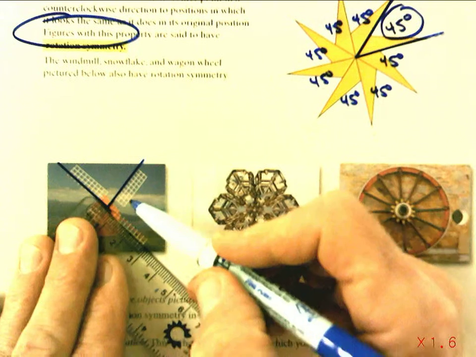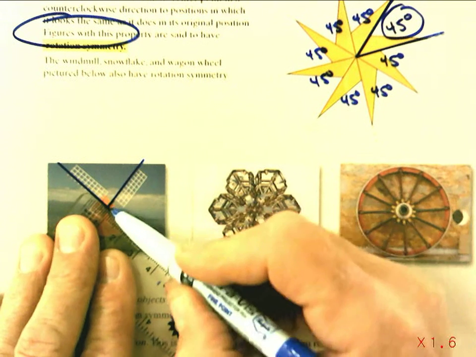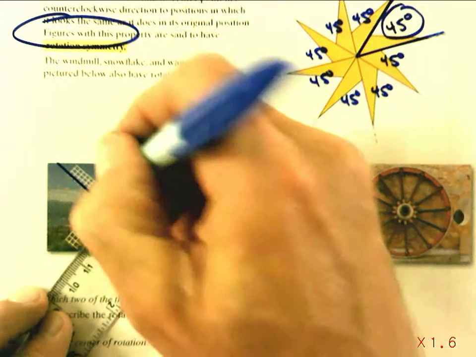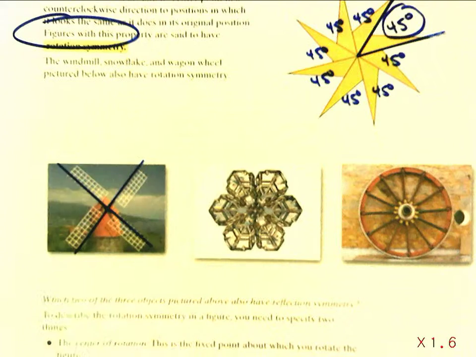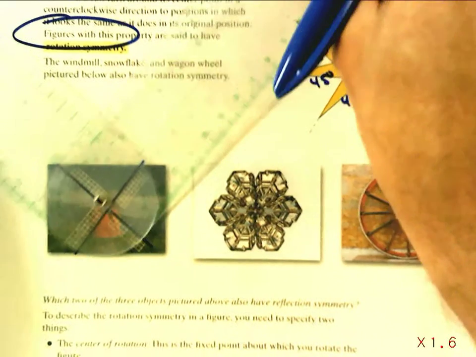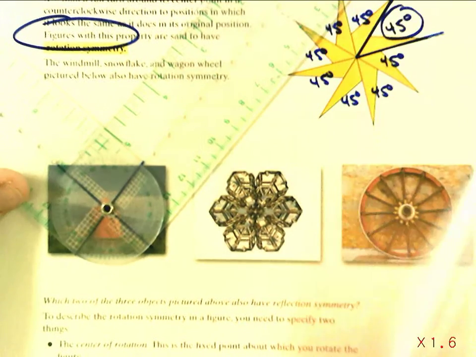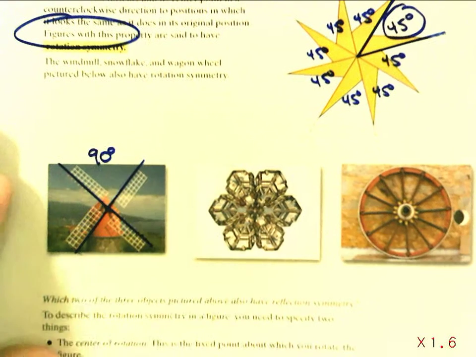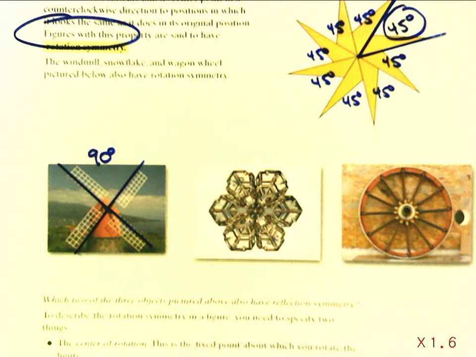So if I just look at the windmill portion of it, you can see the angle of rotation symmetry for this, if I take my angle ruler, and I think you probably can see without the angle ruler that that represents an angle of 90 degrees. So I have a 90 degree angle of rotation for the windmill.